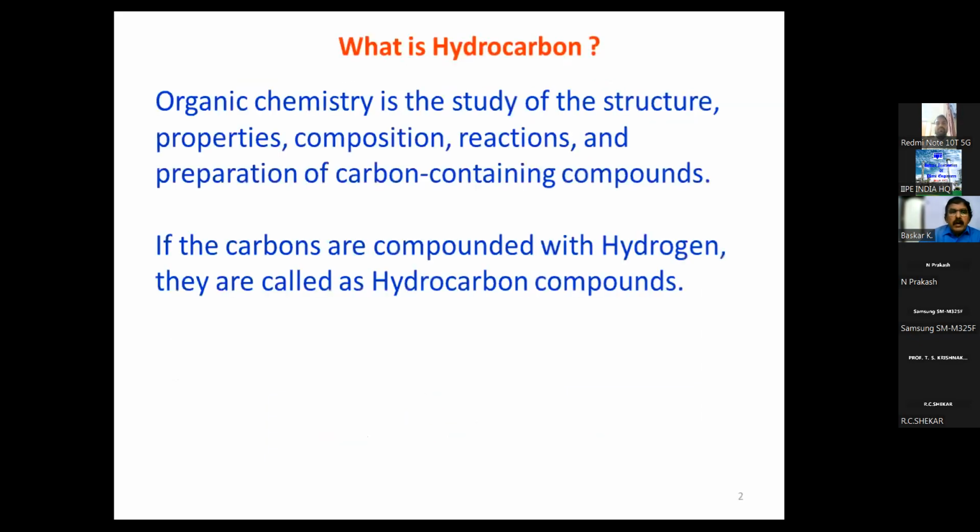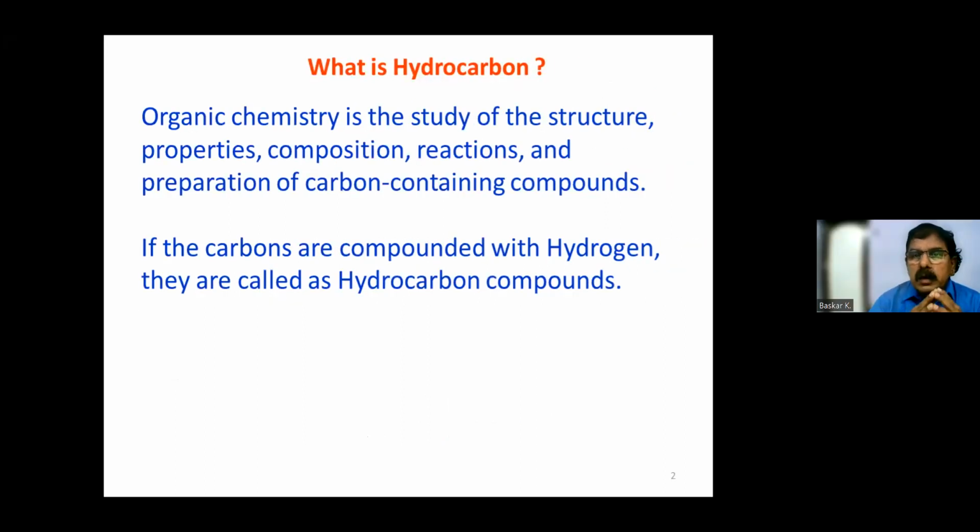Now, what is hydrocarbon? Organic chemistry is the study of structure, properties, and composition pertaining to compounds containing carbon, right? If the compounds are compounded with hydrogen, then it is called hydrocarbon compounds.